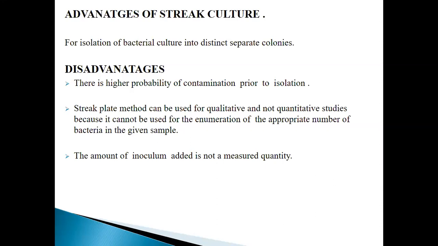The disadvantage is there is a high probability of contamination prior to isolation. The streak plate method can be used for qualitative and non-quantitative studies because it cannot be used for enumeration of the number of bacteria. It is a very vague method of culturing, but a simple method.